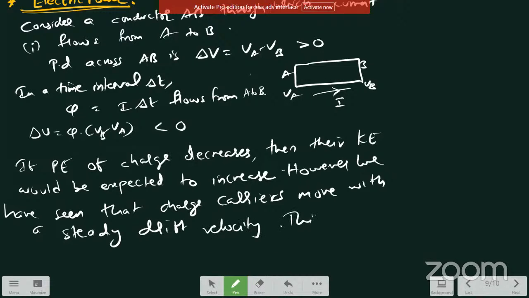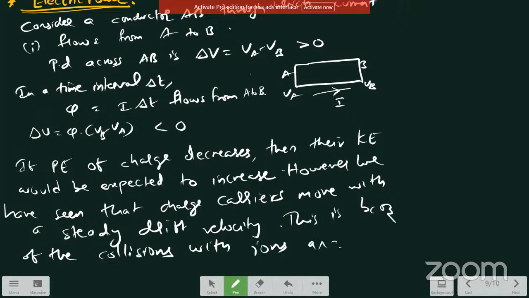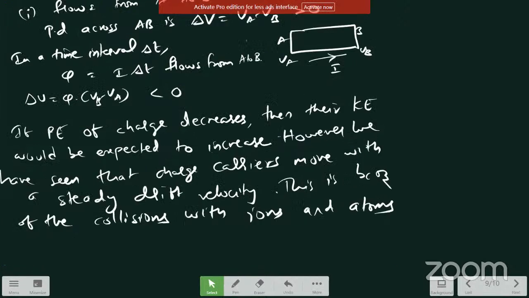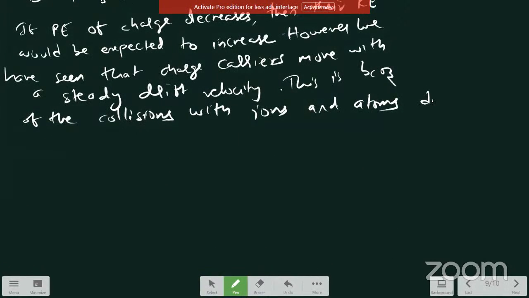This is because of the collisions with ions and atoms during the transit.